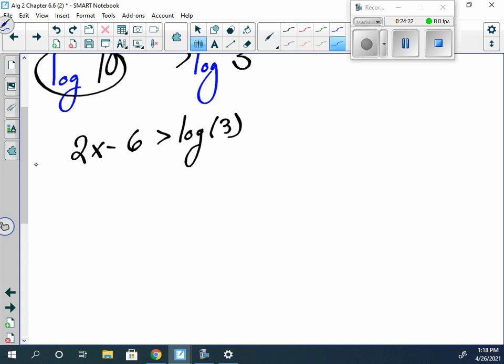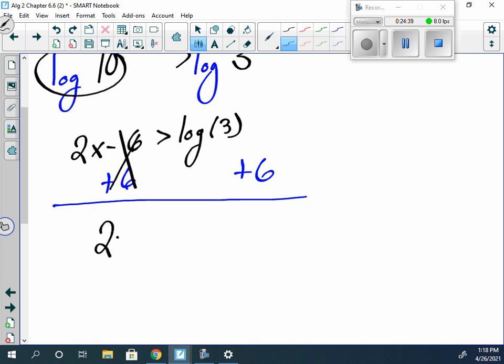Now we still need to solve for the value of x. So what can we do first? We can add 6 to both sides, yes? If we add 6 to both sides, negative 6 plus 6 will cancel, giving us that 2x is greater than log of 3 plus 6.